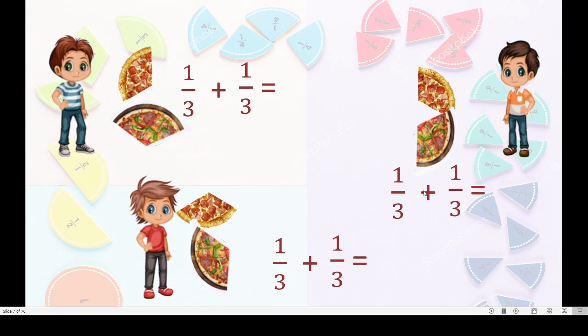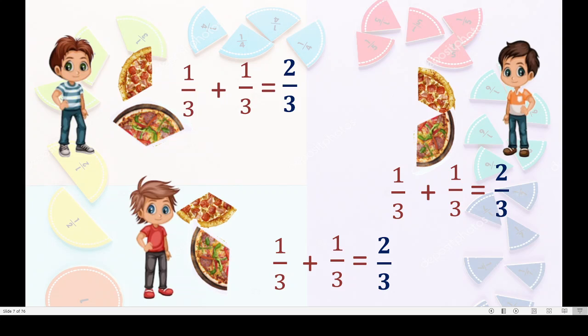Same in the case of both the other children. This boy also got 2 upon 3 and this boy also got 2 upon 3. Right? All 3 are happy now because they got equal shares of both the pizzas.